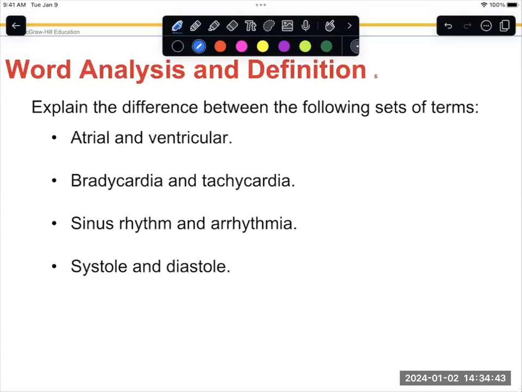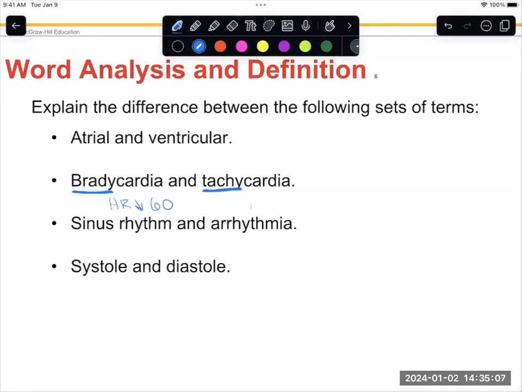Bradycardia. Brady means it's low. Tachy means it's high. So bradycardia is a heart rate below 60. Tachycardia is a high, fast heart rate.